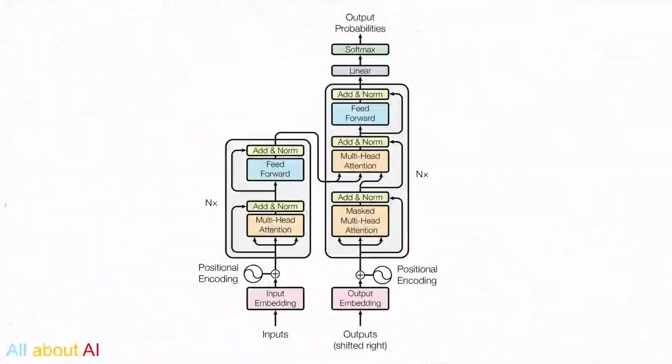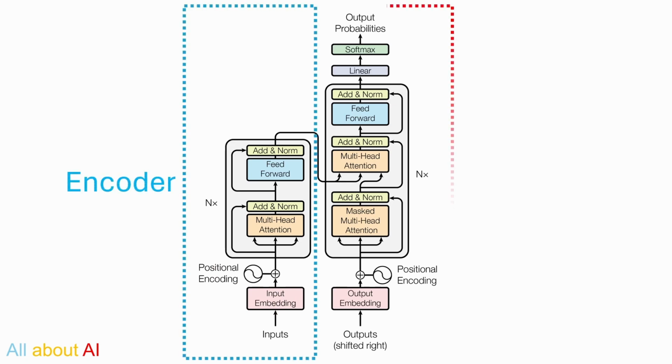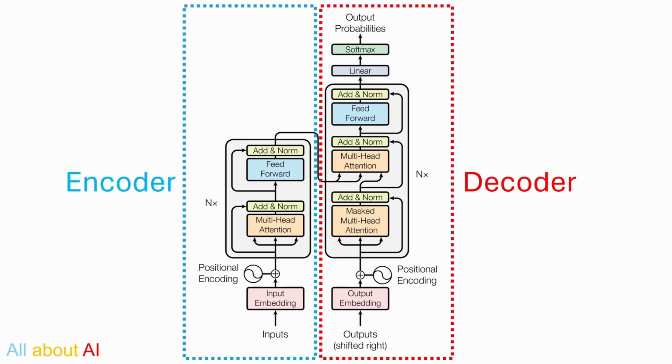If you look at the architecture of the transformer, this is what it looks like. It has 2 distinct parts. The left side is called the encoder and the right part is the decoder. Models like BERT use the encoder, while all the LLMs use the decoder.